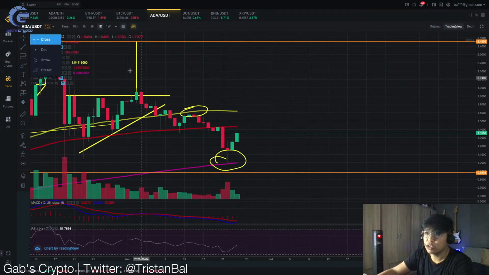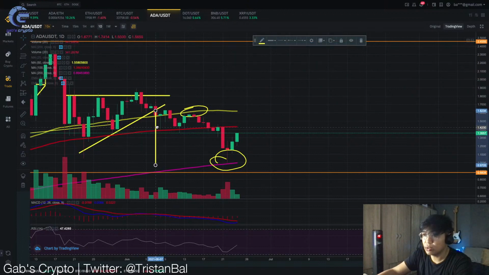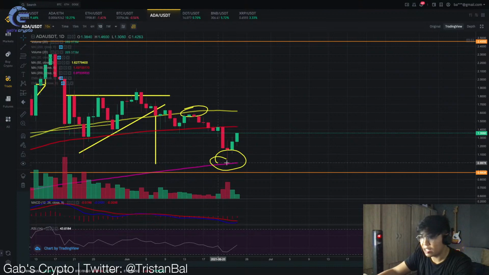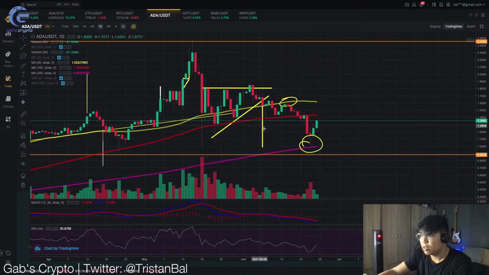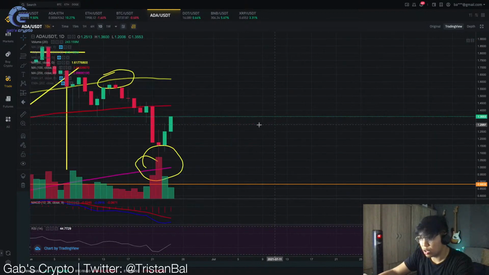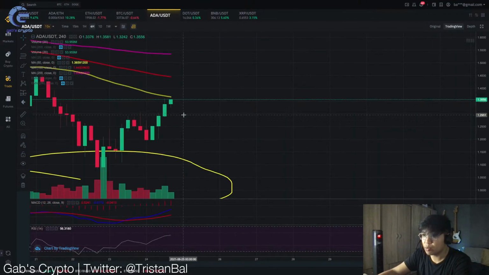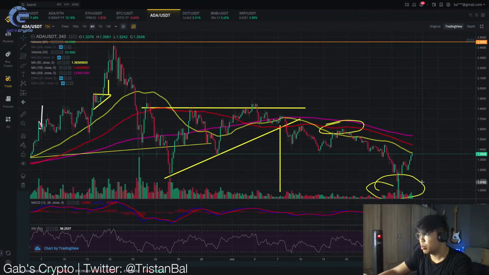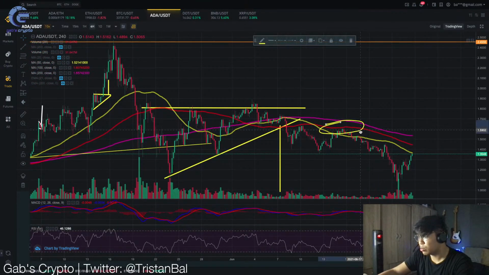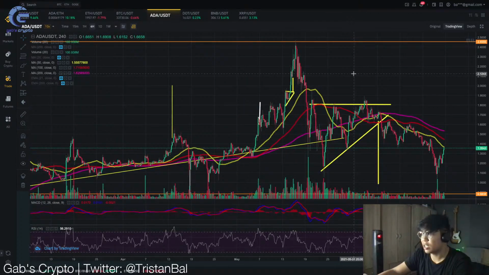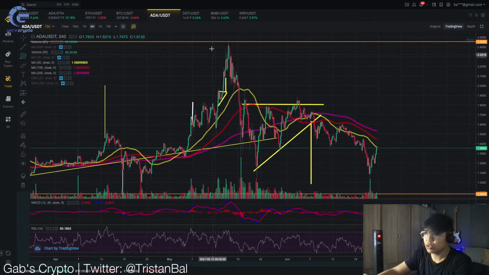And if you're following the symmetric triangle that we've been following for a long time, you would see that it actually hit the target exactly. So right now, everything is all good for Cardano. The only thing we should watch out for is the Fibonacci resistance, which is the 1.35. Maybe let's plot that Fibonacci right now so I can post it on Facebook and Telegram so that we could get an update for the Cardano price action. So this is how you draw a Fibonacci.